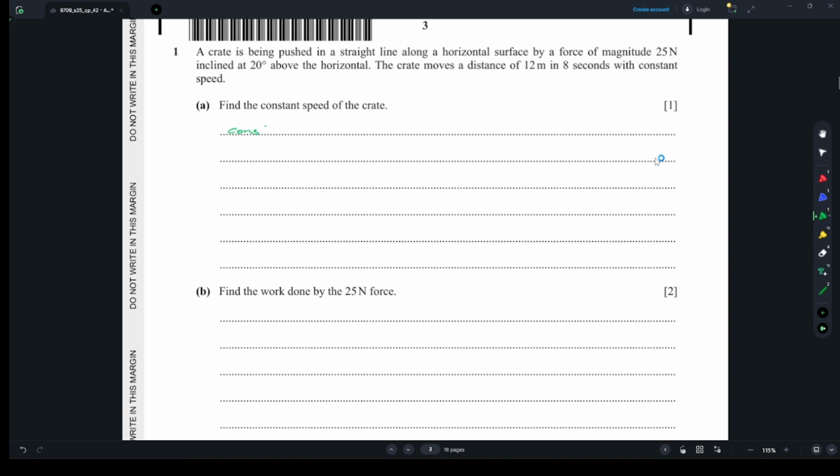So constant velocity v equals s over t. The distance traveled is 12 meters, divided by 8. So 12 over 8, if we divide by 4, is 1.5. So 1.5 meters per second. It's really easy.